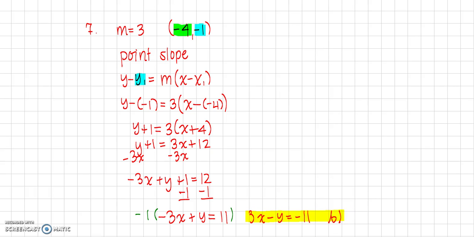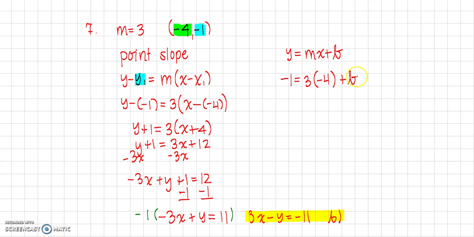The other way you can do that is by using the slope intercept form, y equals mx plus b. In this case, we don't know what b is, but we know what y, m, and x are. So I'm going to replace the y with -1. I'm going to change m to 3 and x to -4.